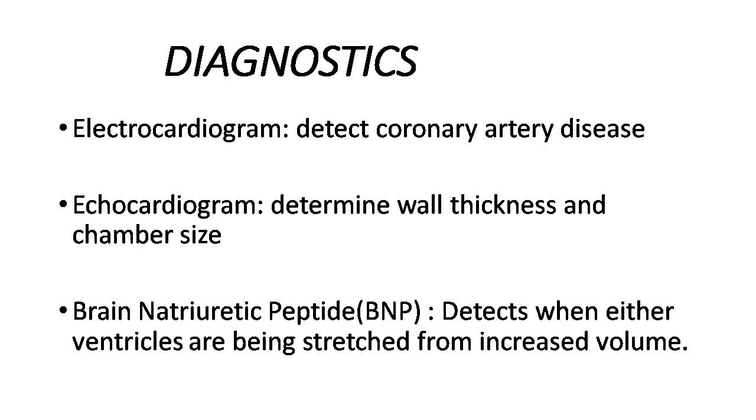And for the diagnostics, the things they do to determine if you have heart failure or not, you can do an electrocardiogram, you can do an echocardiogram. The echocardiogram will let us know the sizes or the thickness of the heart chambers and the walls.